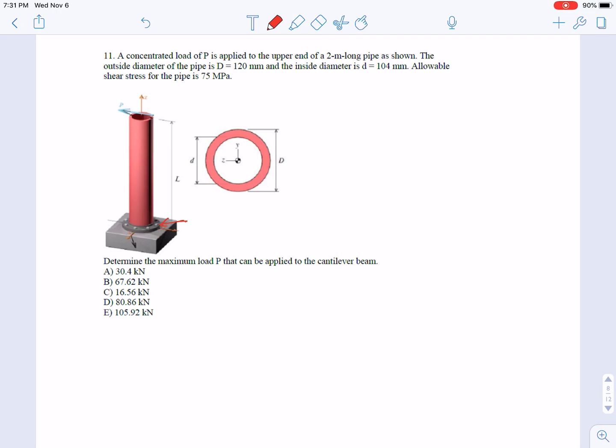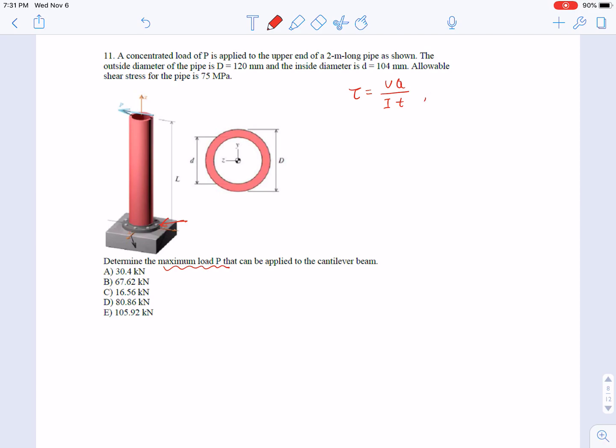Determine the maximum load P that can be applied to the cantilever beam. Well, again, this one can be calculated by the shear stress. Tau can be calculated by VQ over It.